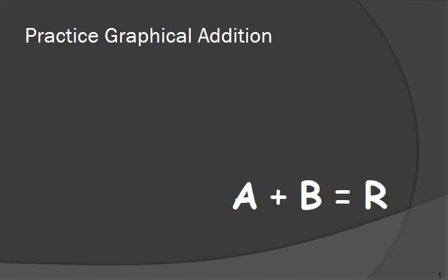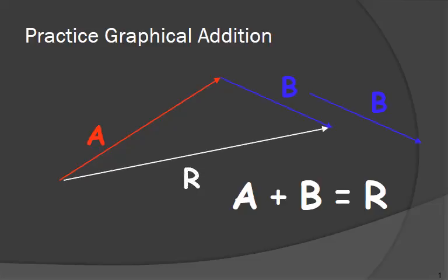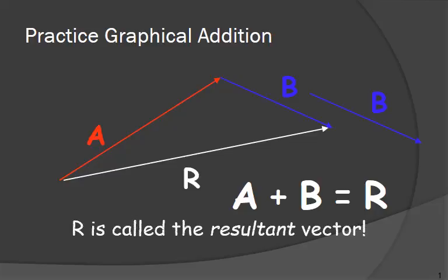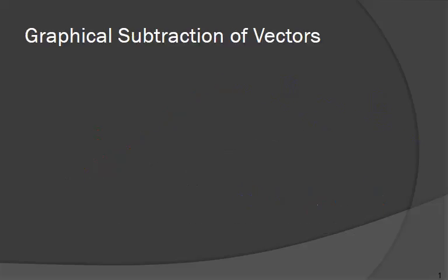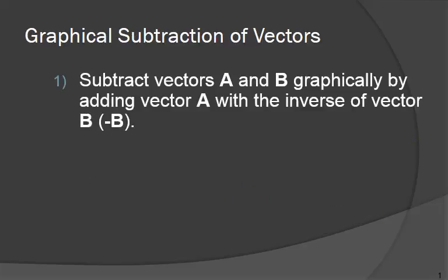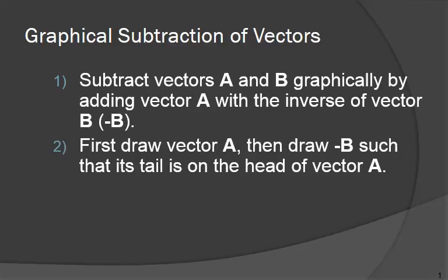Now with graphical addition, remember the tail to tip method, right? So if we have two vectors, we can place vector B on the tip of vector A, and then we get the resultant. And we've done that quite a bit. And for subtraction of vectors, if we're doing A minus B, we're going to invert B and draw that, and then still do tail to tip.